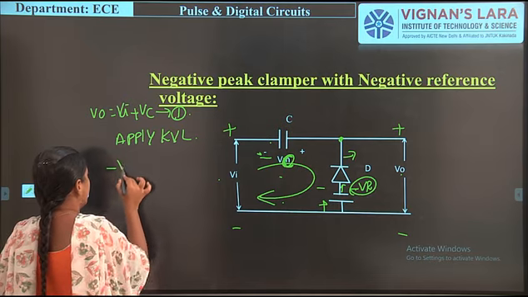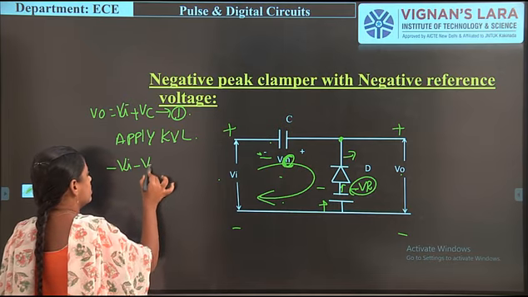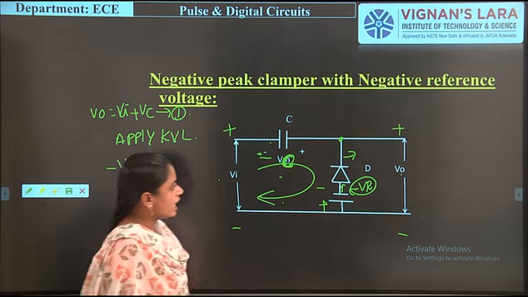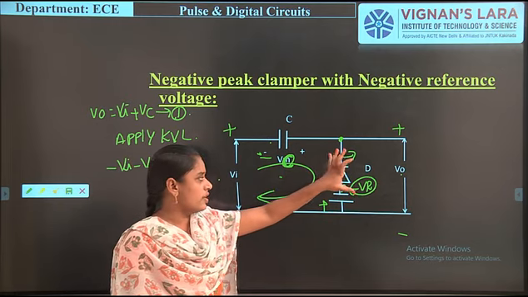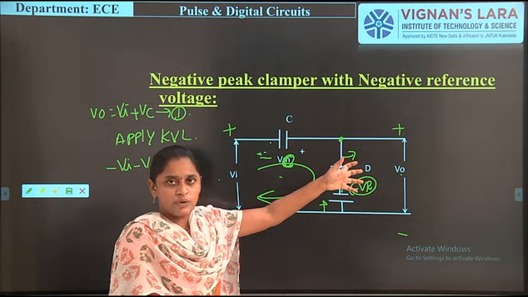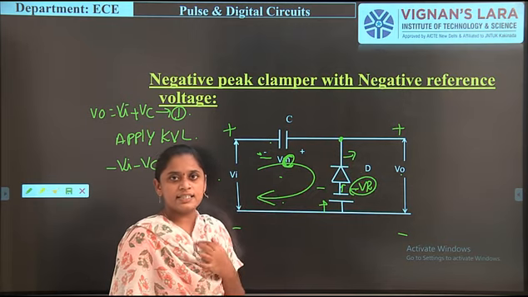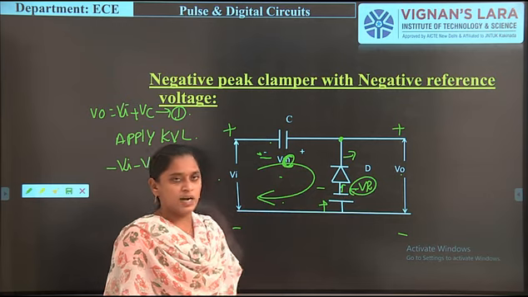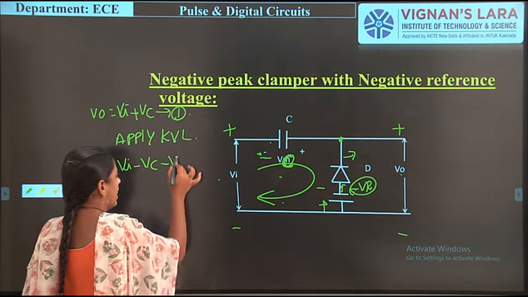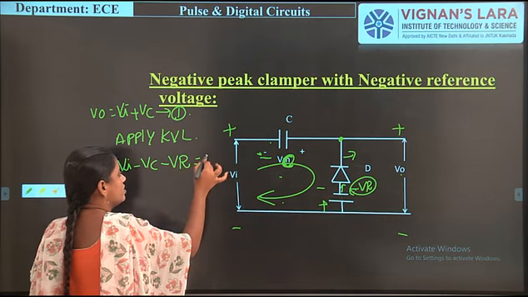So minus Vi minus Vc. Here we take the diode as an ideal diode, so we don't take V gamma, it is just replaced with 0. And the reference voltage is minus Vr, which is equal to 0.